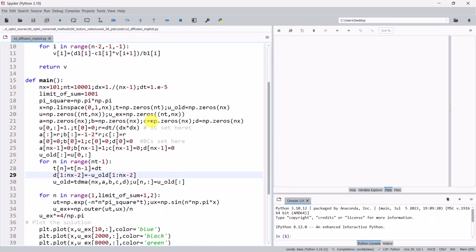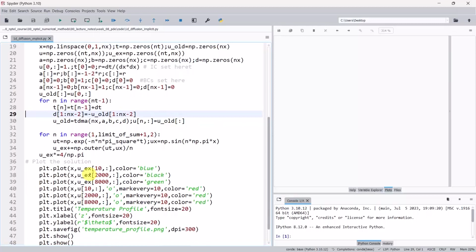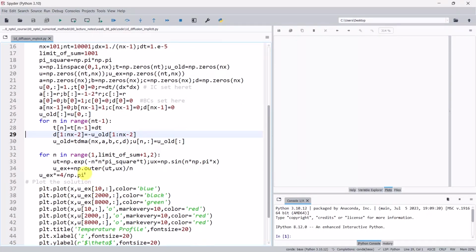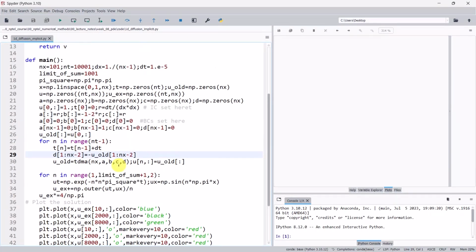We'll come to the TDMA later, but let's look at the main program. Much of the solver is very similar to the explicit solver I have shown you. The plotting part is the same, and the exact solution I am calculating is also exactly the same. What is different here is that I am calculating U by calling this TDMA.